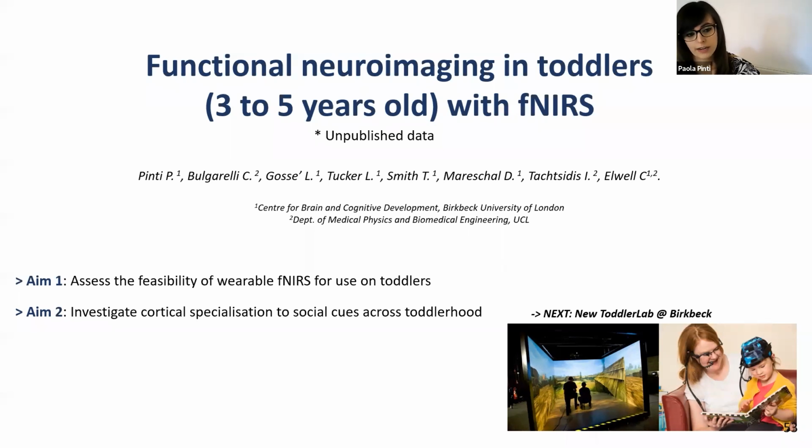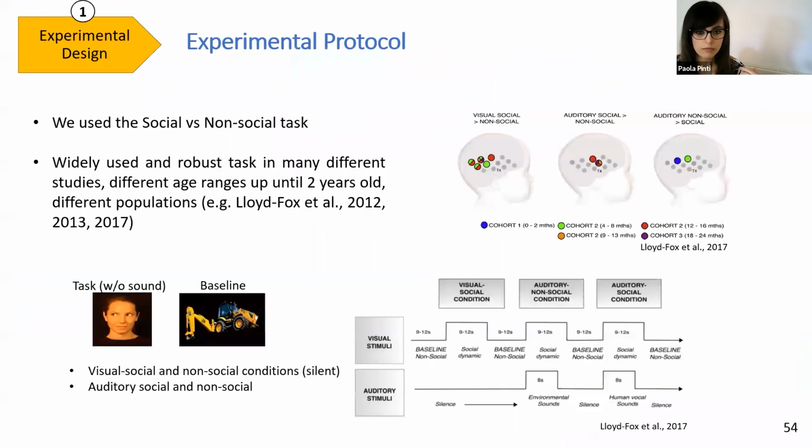Today I will mainly focus on the first goal, aim 1, because we don't have a complete data set yet, so we cannot draw any conclusions about the neuroscience part of the project. We'll mainly discuss the methodological aspects and give you my impression of the overall feasibility of wireless fNIRS.